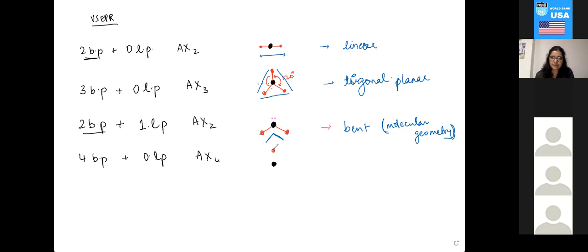A tetrahedron basically looks like this. If these two are in the same plane, then one will be towards the front and one towards the back. So a tetrahedron is basically like a pyramid with a triangle at the base.